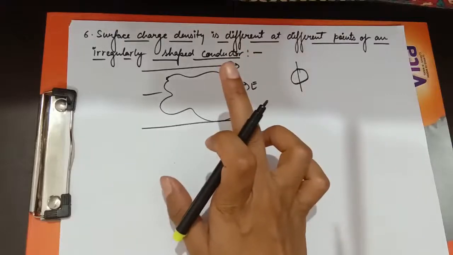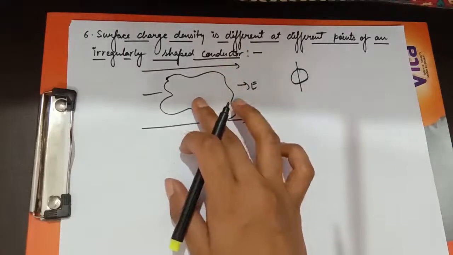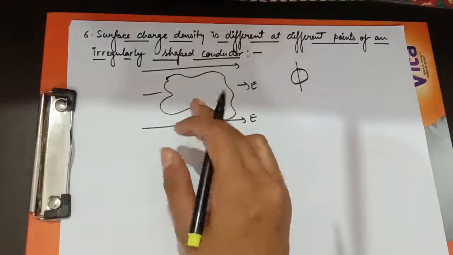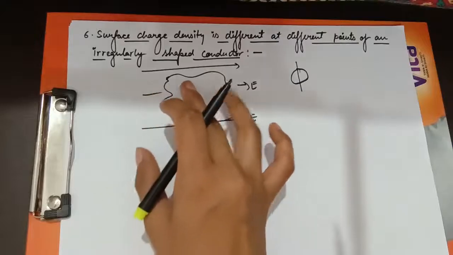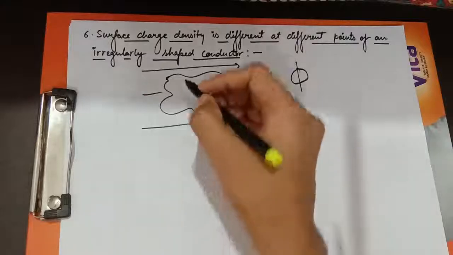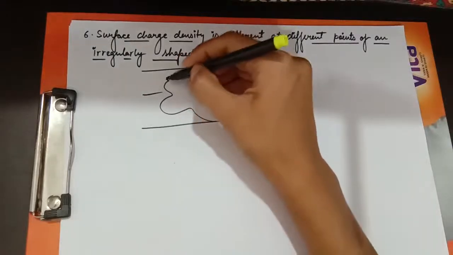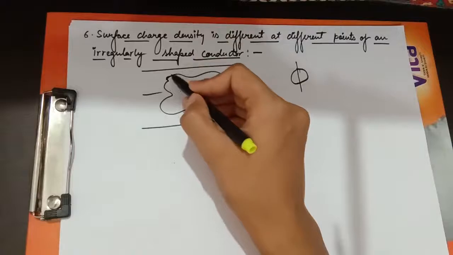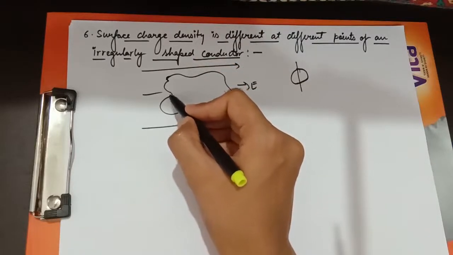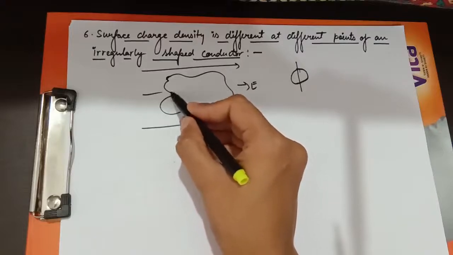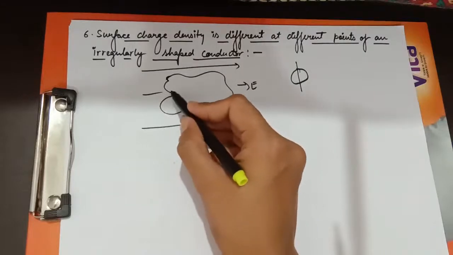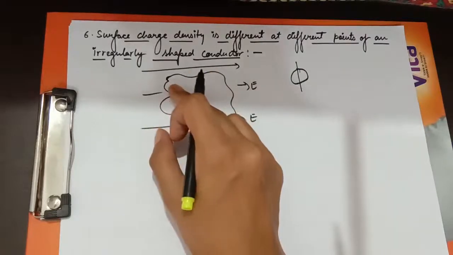The charges on the conductor rearrange themselves. As you know, the conductor gets polarized, and charges rearrange themselves. So at the points where radius of curvature is small, like at this point or this point, you can see the radius of curvature is very small compared to this point. This is the smallest and this is the big radius of curvature, and here you can see this is a small radius of curvature.